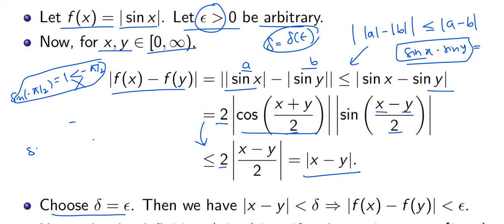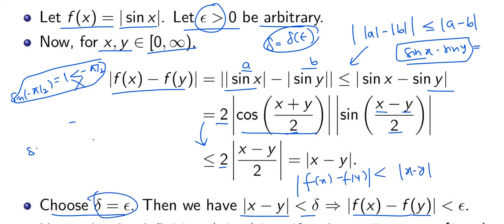So we get modulus of x minus y less than delta. Whenever this happens, let me write one step here: modulus of f of x minus f of y is less than modulus of x minus y, and when we take delta equal to epsilon, modulus of x minus y is less than delta, which is equal to epsilon.